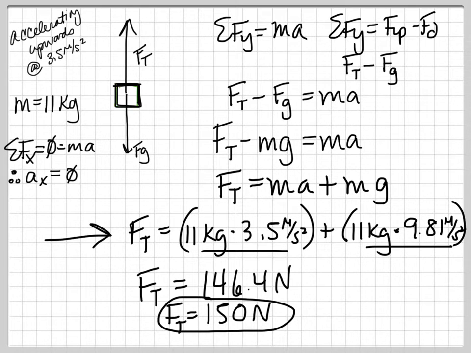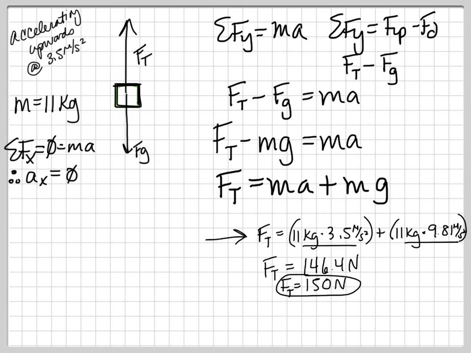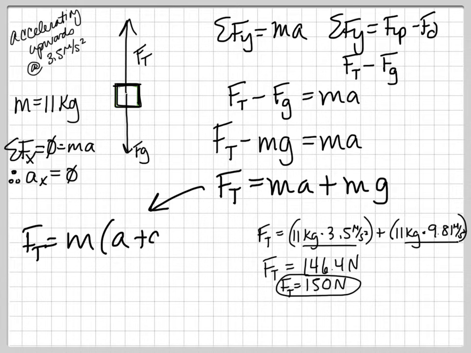So, one alternative pathway, and that would actually occur in the step above, is to say that Ft equals mass times a plus g. And that slightly simplifies your calculation.